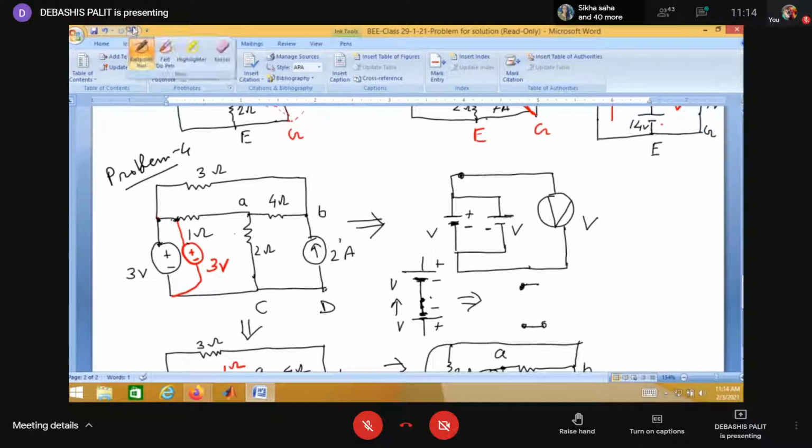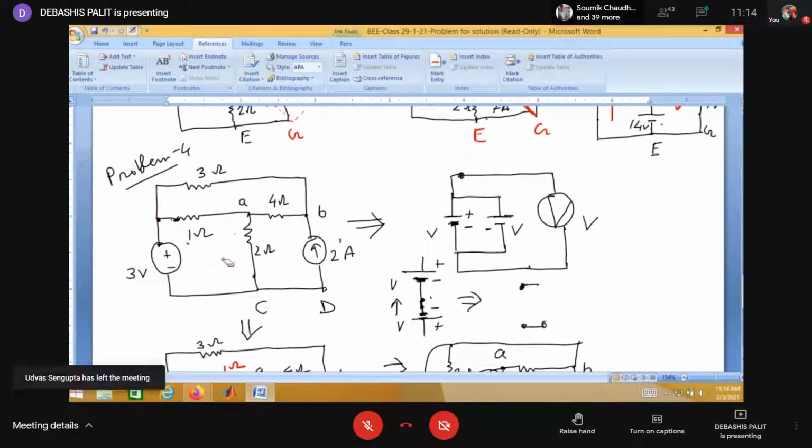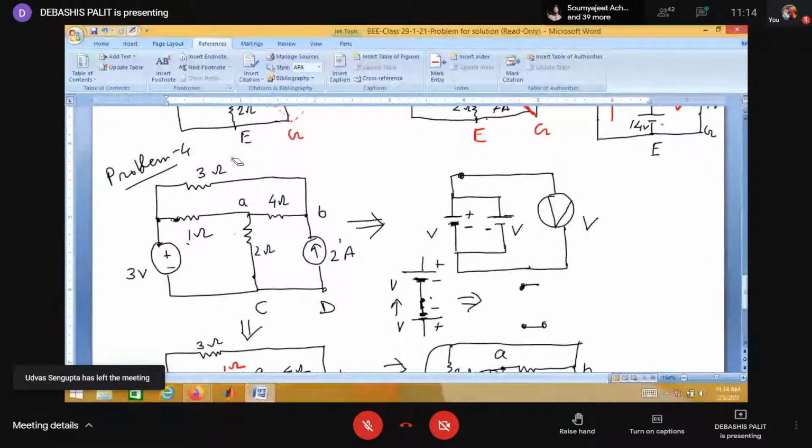Where this branch was not there. You have to equivalently consider this branch. So this is your actual circuit. You have to solve this circuit. So this is problem 4.